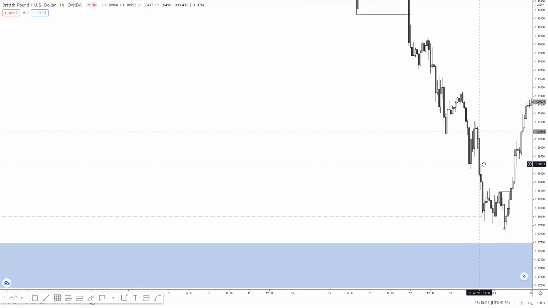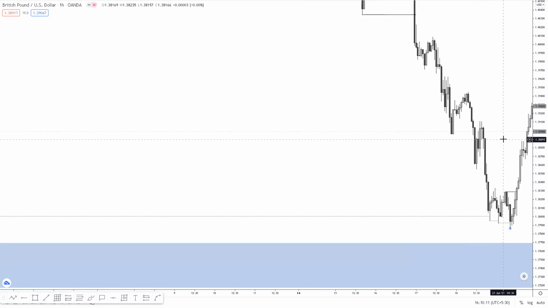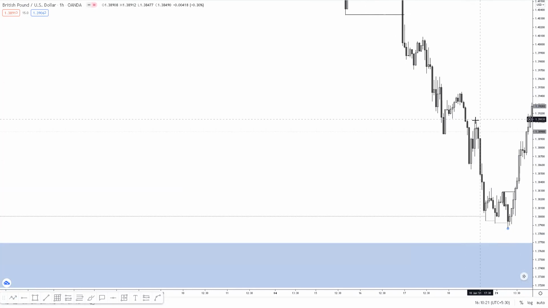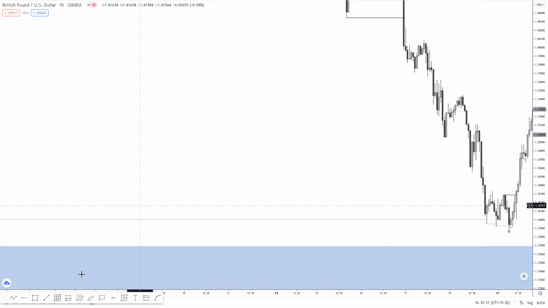But this is how we play ping pong. Where will the next pullback come from? I told you, pullbacks come from where there were previous strong or protected highs. Once a major high or low has been broken, we will get a pullback.